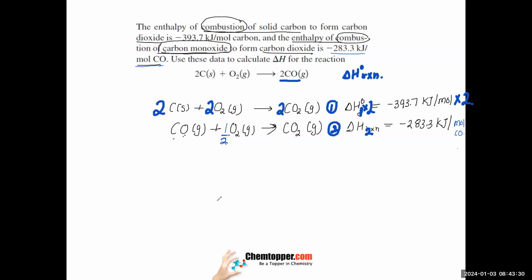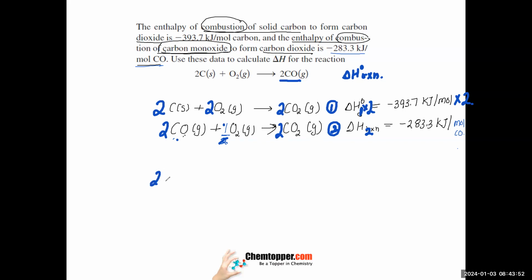Yes, Afan is right. Multiply by 2 and flip it because CO is on the product side. Here it is on the reactant side. So I'm multiplying the whole equation by 2 and I'm going to flip it. So multiply by 2 first. So 2, this will become 1 only. This is 2. Now flip it.